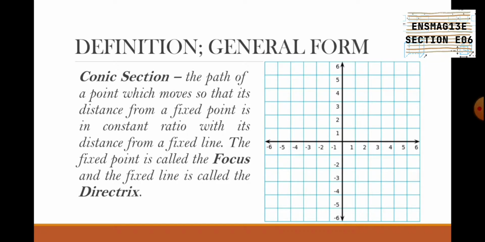A conic section is the path of a point which moves so that its distance from a fixed point is in constant ratio with its distance from a fixed line. The fixed point is called the focus, and the fixed line is called the directrix.